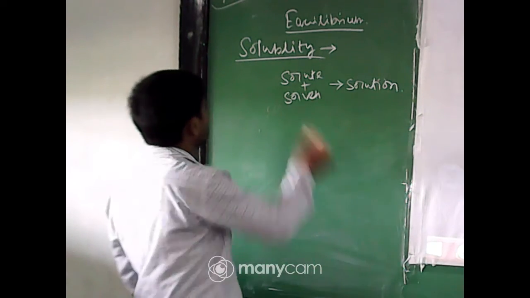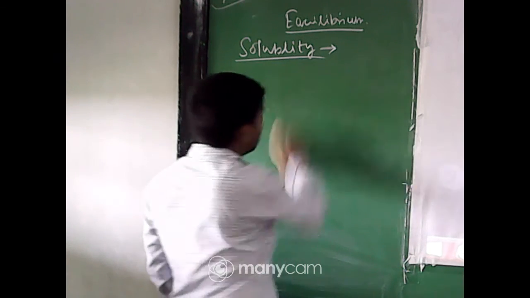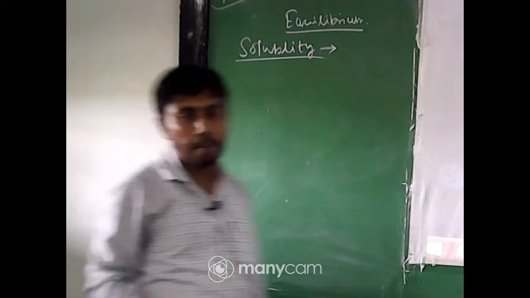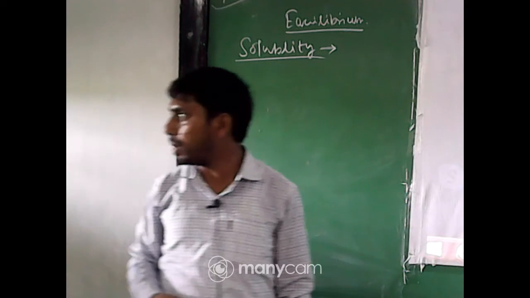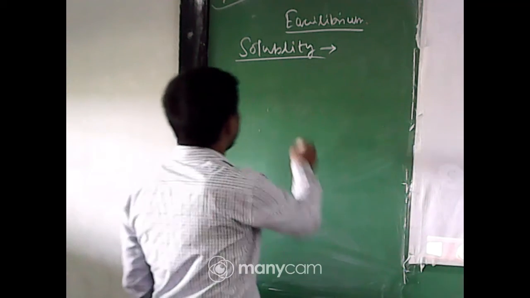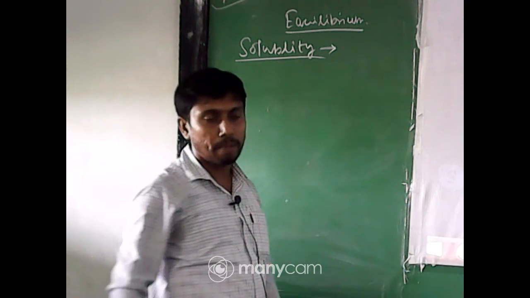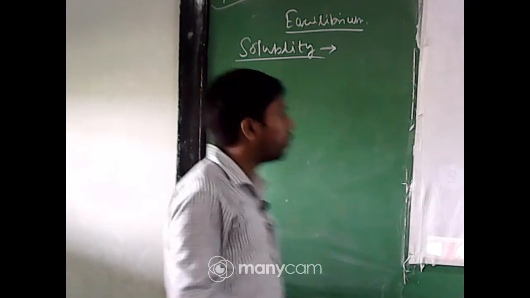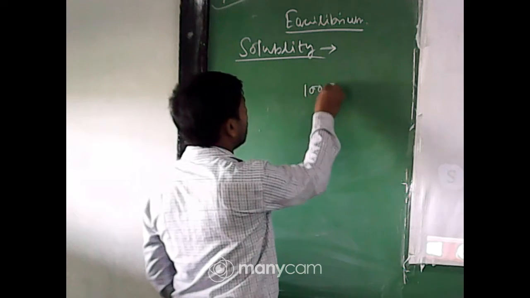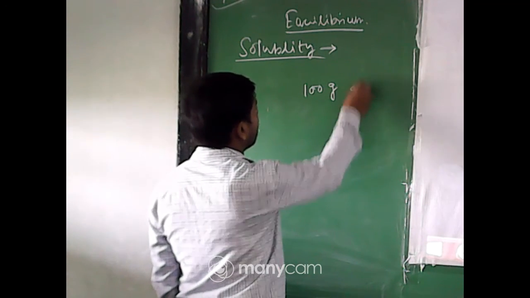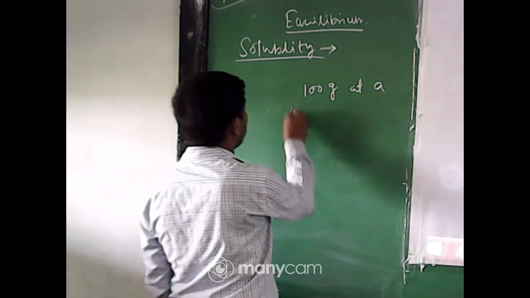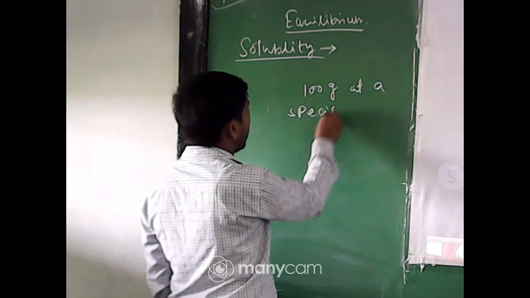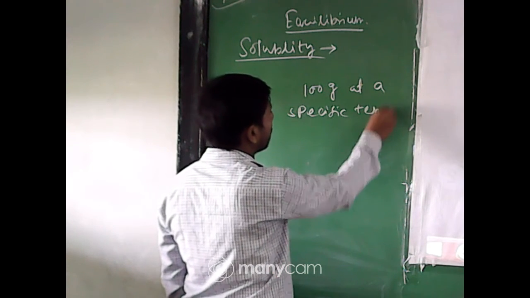Solubility is the maximum amount of solute that can be dissolved in 100 gram of the solvent at a specific temperature.